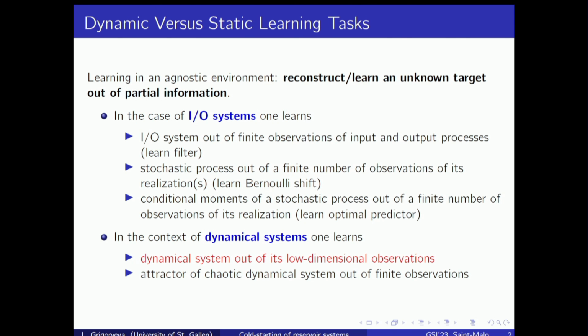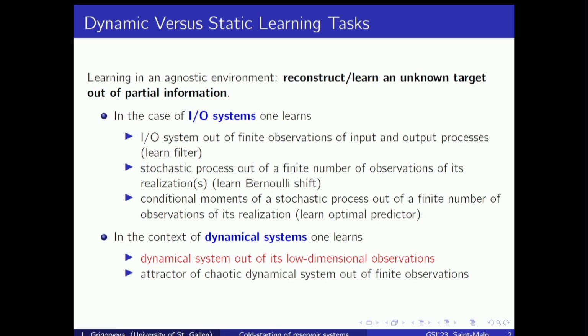Probably you don't need to look much at this slide as a whole, but I will be deviating from learning input-output systems in this talk. I will still be staying in the agnostic environment. What we mean by that is that we're trying to reconstruct or learn an unknown target out of some partial information. Here I will be placing myself in the setting of dynamical systems.